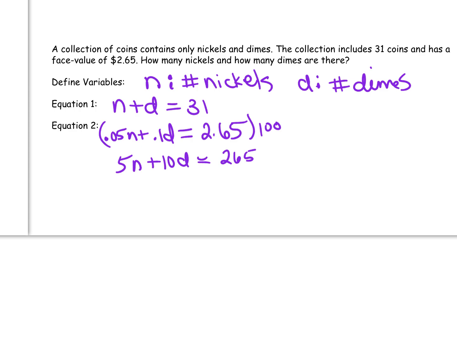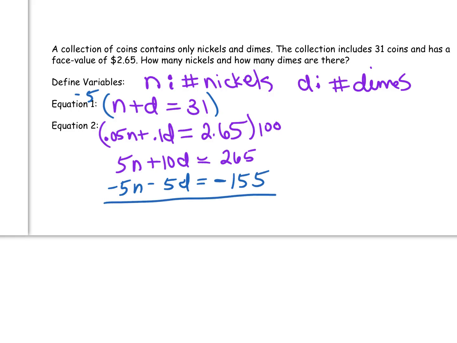The nickels or the dimes? So we would multiply by what? 5, okay. So I got -5 nickels minus 5 dimes equals, what is -5 times 31? 155? Everybody agree?